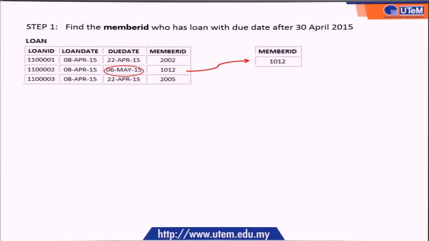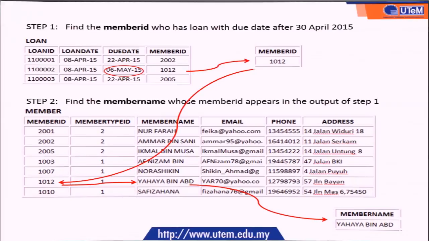The first step is to find the member ID or a list of member IDs that has loan with due date after 30th April 2015. And the second step is to find the member name whose member ID appears in the output of the first step. These steps can be implemented by executing a nested query statement as follows.